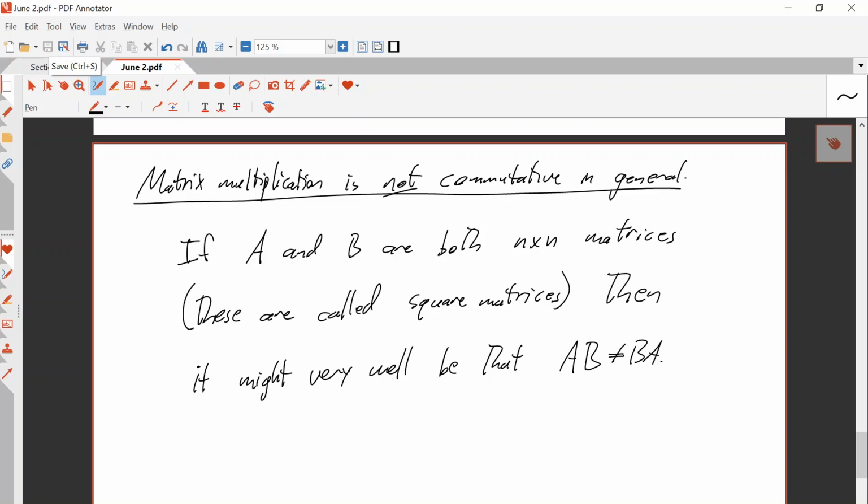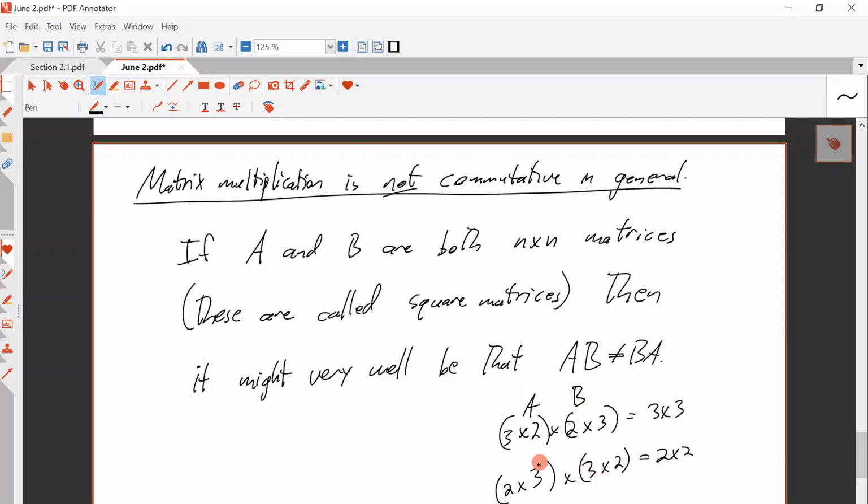But here it could be possible that they are the same when they're square. If you had 3 by 2 times 2 by 3, the result is 3 by 3. Or if you had 2 by 3 times 3 by 2, the result is 2 by 2. So if this is A and B and this is B and A, obviously the products are different because they're completely different sized matrices.